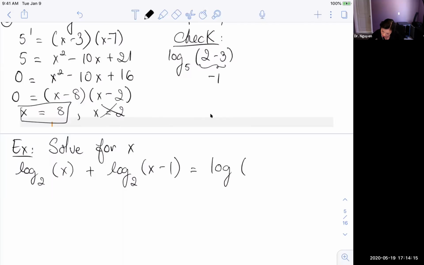Let me change it a little bit. How about just a constant?